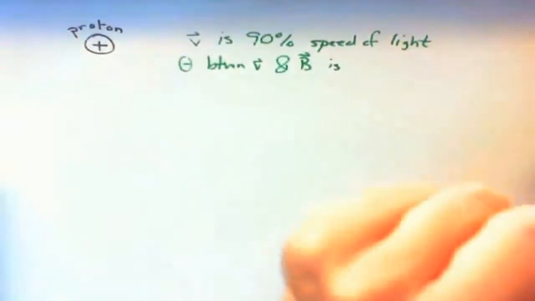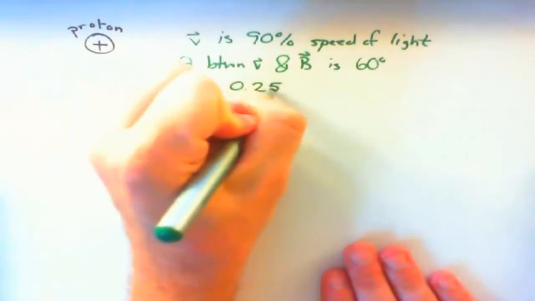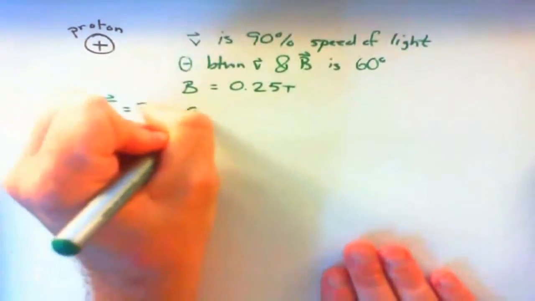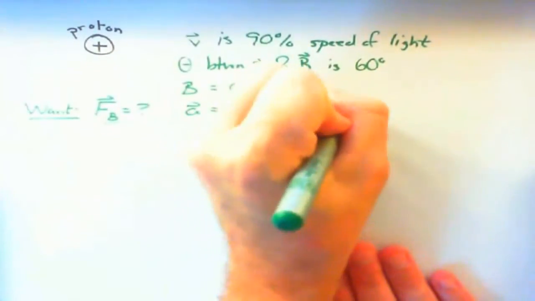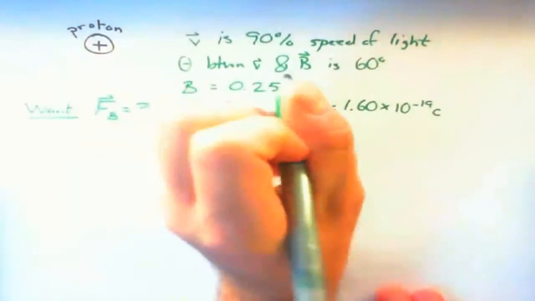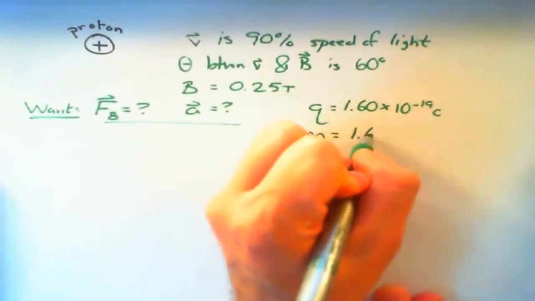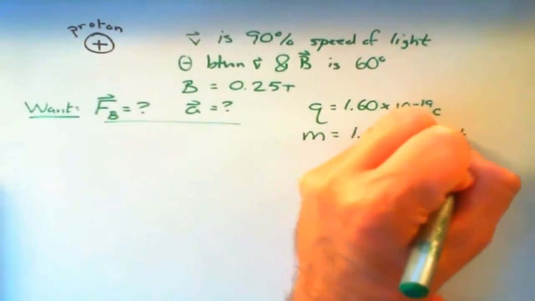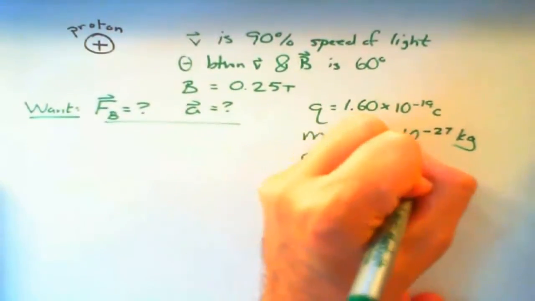And we want to find the force on the proton and the acceleration of the proton. And I'll give you two other numbers. The charge of a proton is 1.60 times 10 to the negative 19 coulombs, and the mass of a proton is 1.67 times 10 to the negative 27 kilograms. Also, the speed of light, 3.00 times 10 to the 8 meters per second.